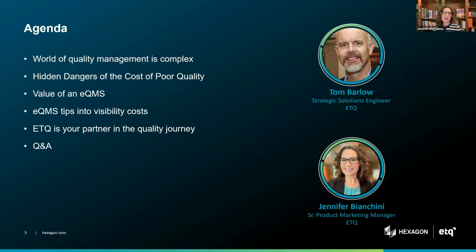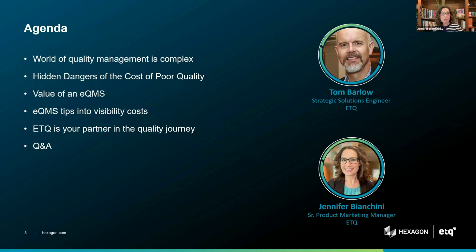Okay, so here's a quick glance at the agenda for today. We'll go over some of the factors that can make the world of quality management complex and the ripple effect that poor quality can have across your organization. Then we'll touch on how a quality management system can help with setting standards to help get those costs down.